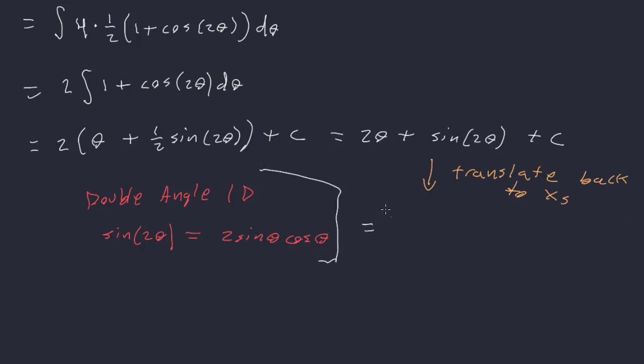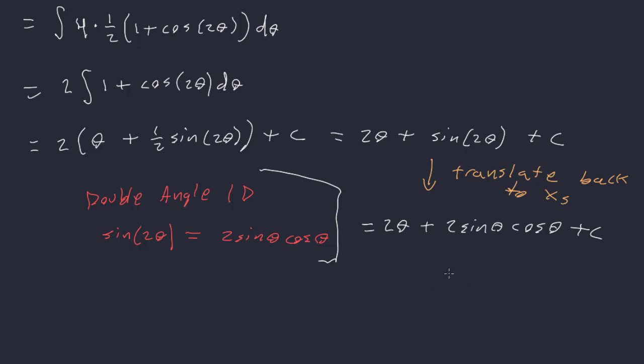But I want to rewrite this as 2 theta plus sine of 2 theta plus c. Okay, now, oh, whoops. I totally went against what I just said. I want to rewrite it as 2 sine theta cosine theta plus c.